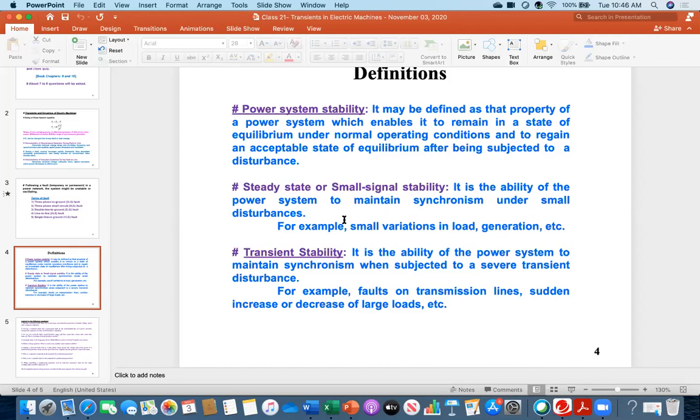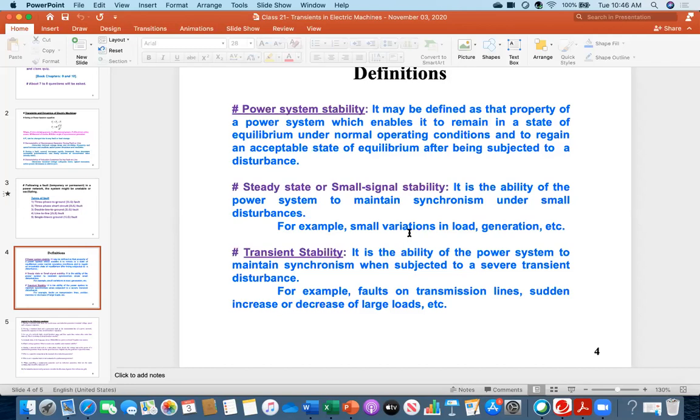Sometimes at your home you are using two laptops, three laptops; it depends how many members you have, four, five, whatever, or two, three. Everybody may be using a laptop or not, or one at a time. So continuously there is some change, but we say those are small variations.